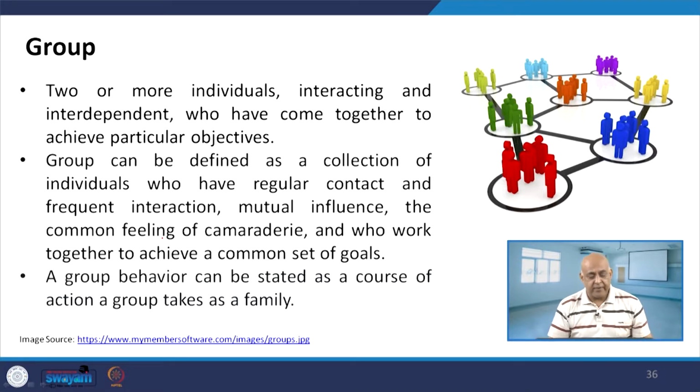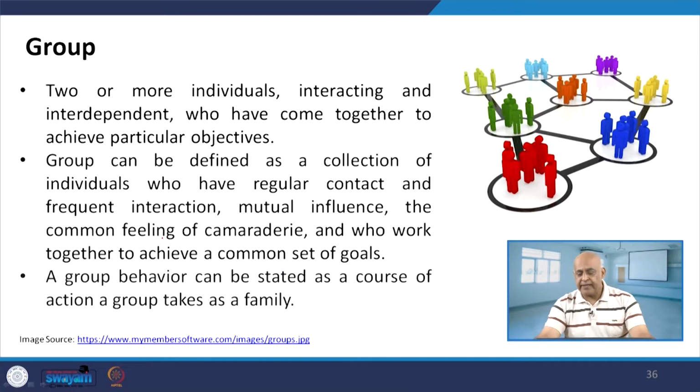So a group can be defined as a collection of individuals who have regular contact and frequent interaction, mutual influence, a common feeling of camaraderie, and who work together to achieve a common set of goals. And group behavior can be stated as a course of action a group takes as a family. It is just like a family, right.